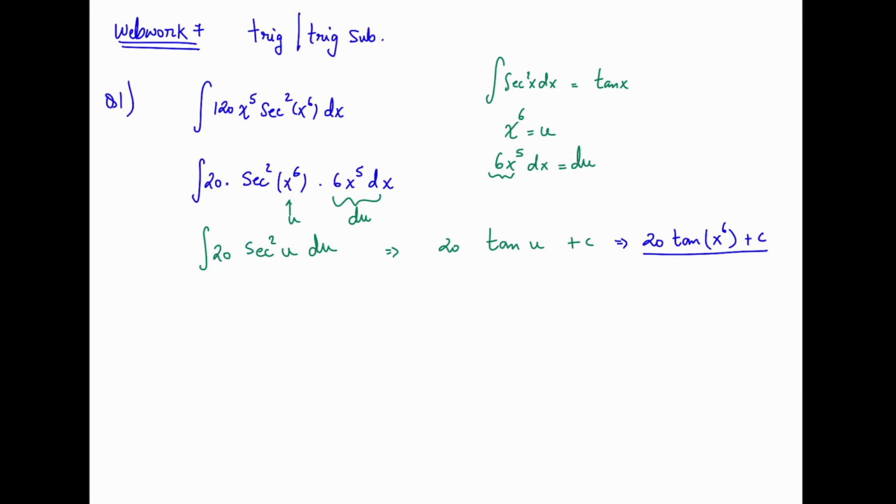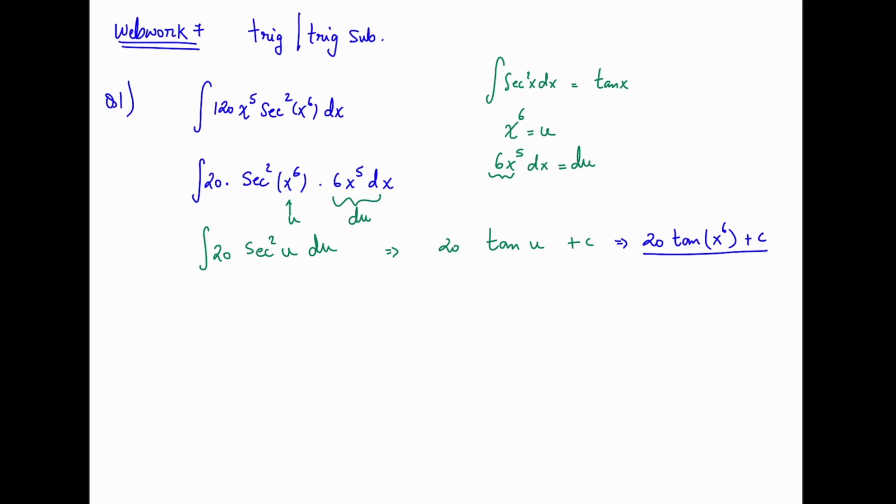And that's how you finish the first one. Any questions about this method or this particular question? Not really, right? Very straightforward. Easy peasy u-sub, and that was probably the only easy u-sub in this particular homework.